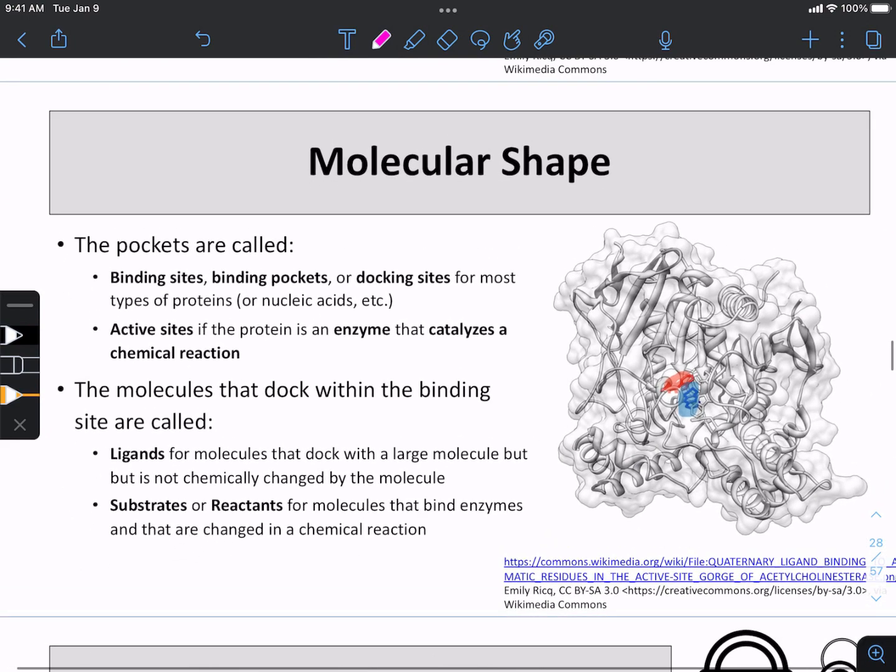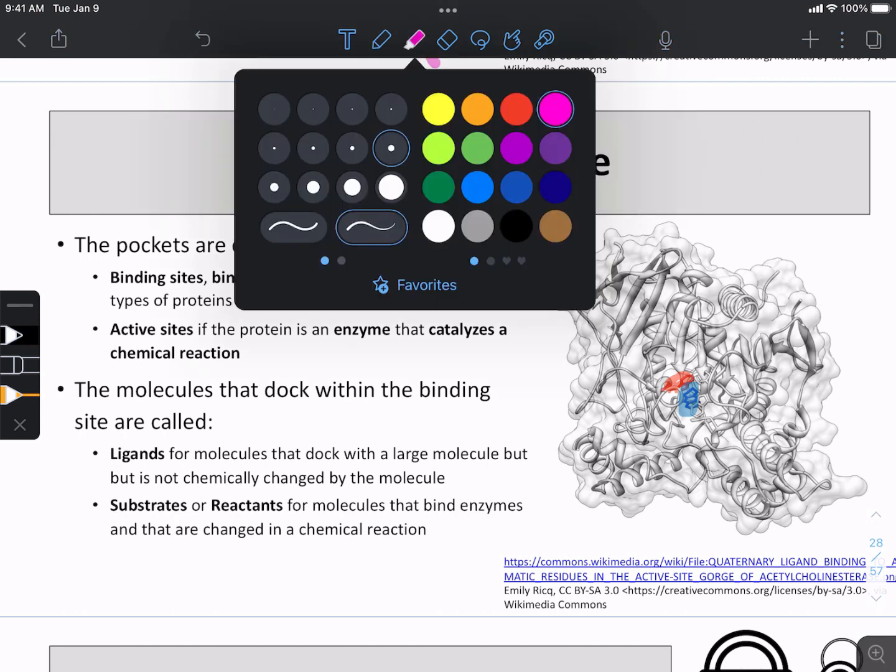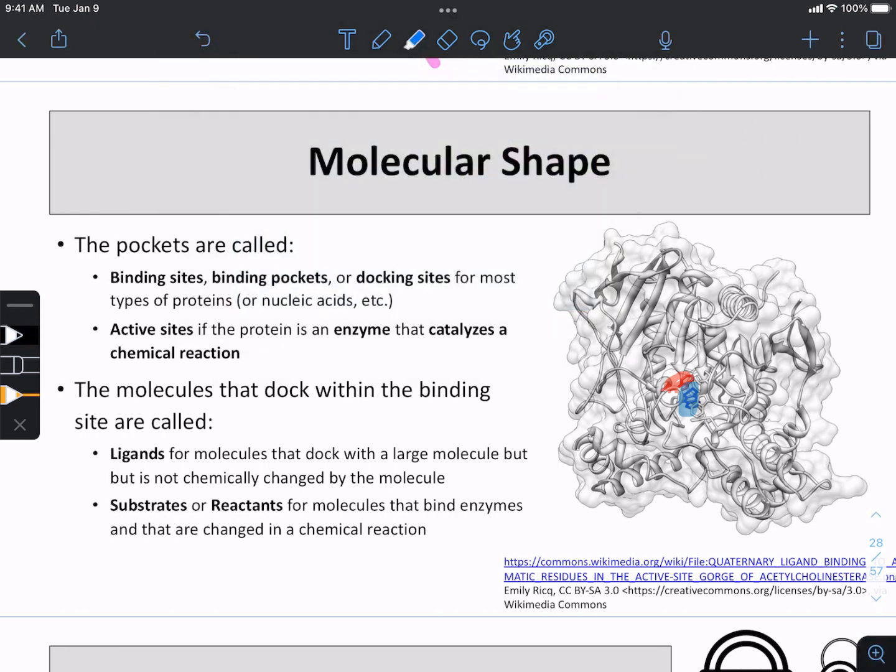Now, here's some vocabulary for you. The pockets, these little hydrophobic pockets, it depends on what type of molecule we're dealing with. If we're dealing with, let's say, a transporter or a carrier protein like hemoglobin, which carries oxygen in the blood, the job of those proteins is not to catalyze a reaction. They don't change the molecule that binds it. Hemoglobin doesn't change the structure of oxygen, for example.